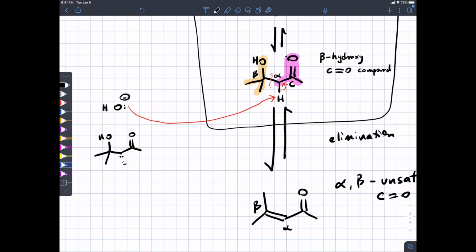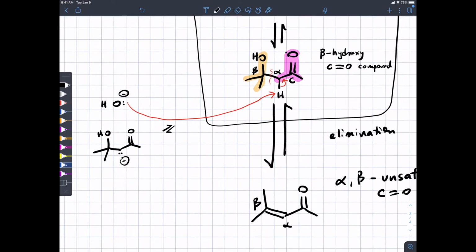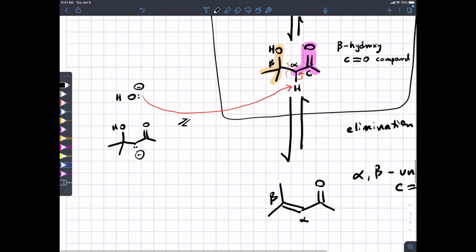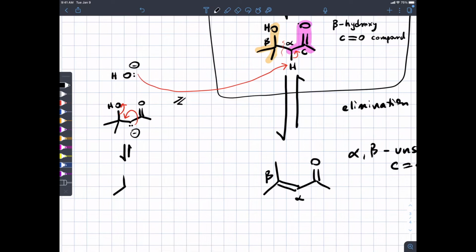So the first step is you make this enolate, and then once you have the negative charge on the alpha carbon, electrons can kick down and kick off OH minus as a leaving group. Remember, OH minus is a cruddy leaving group unless you're dealing with an adjacent negatively charged carbon, which surely ought to be strong enough to kick off OH minus.